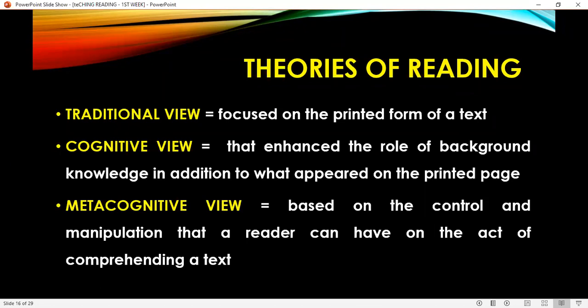So the reader can manipulate and control the act of comprehension. So he can integrate the cognitive and the traditional views, add other aspects, and control and analyze this process, the strategies that he uses as a reader. This is the metacognitive view.